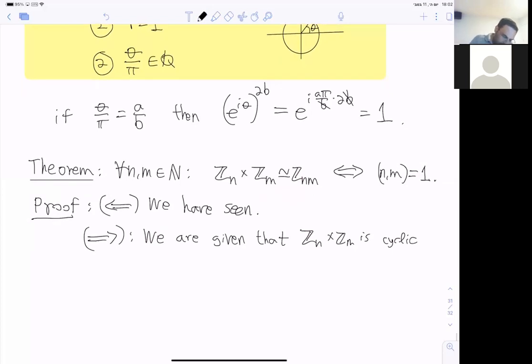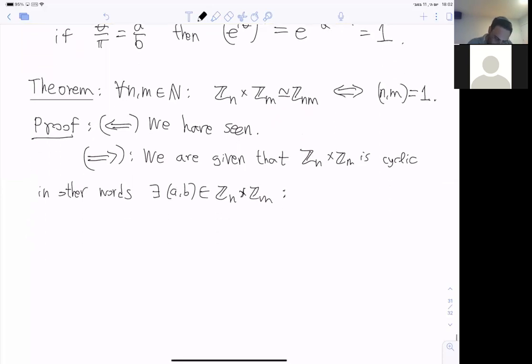In other words, there exists some element in Zn times Zm such that it generates the whole group.